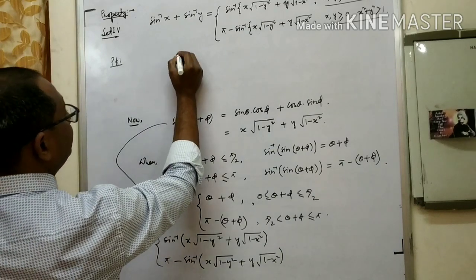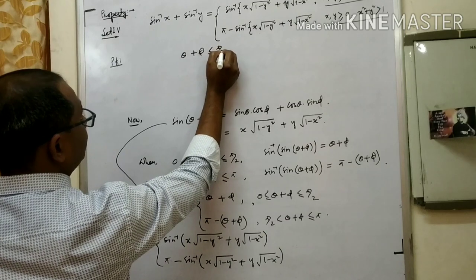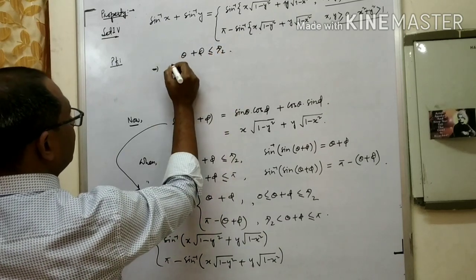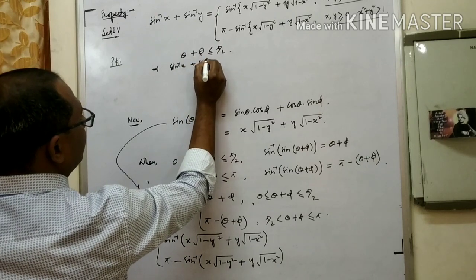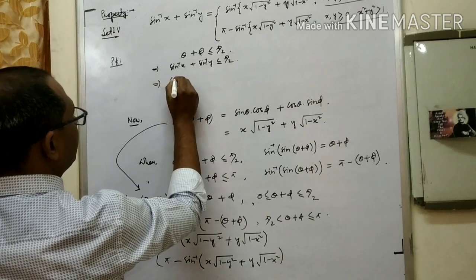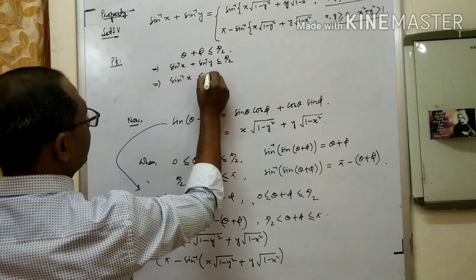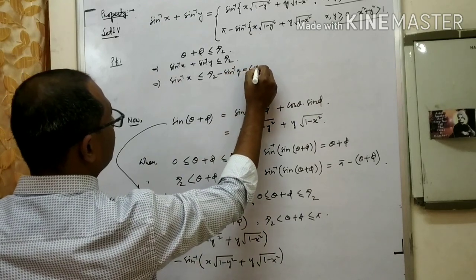So first, theta plus phi is less than or equal to pi by 2. Theta is sine inverse of x and phi is sine inverse of y, so the sum is less than or equal to pi by 2. So I'll get sine inverse of x less than or equal to pi by 2 minus sine inverse of y, which is nothing but cos inverse of y.